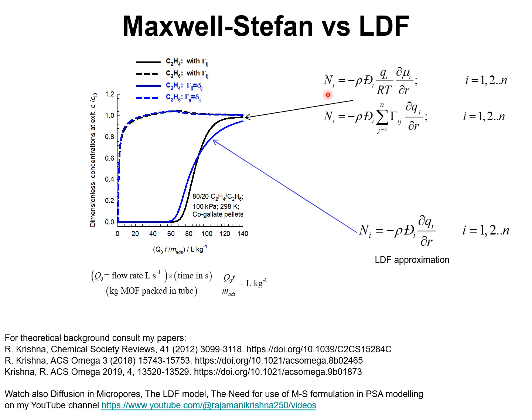In the Maxwell-Stefan formulation, the intracrystalline flux for component i is related to the chemical potential gradient of that component. The chemical potential gradients can be related to the gradients of the molar loadings Q via a matrix of thermodynamic correction factors gamma sub ij.